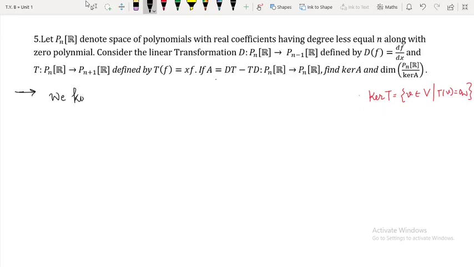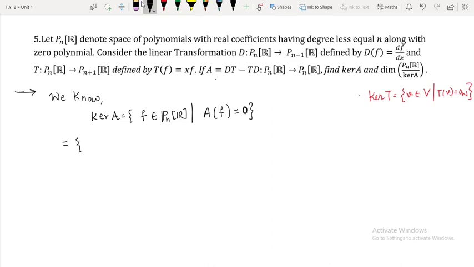We know the kernel of this A is defined as the set of small f belonging to Pn of r, just see, the domain of A is Pn of r, such that A of f is equal to 0 of Pn of r. I will write it as bold 0.